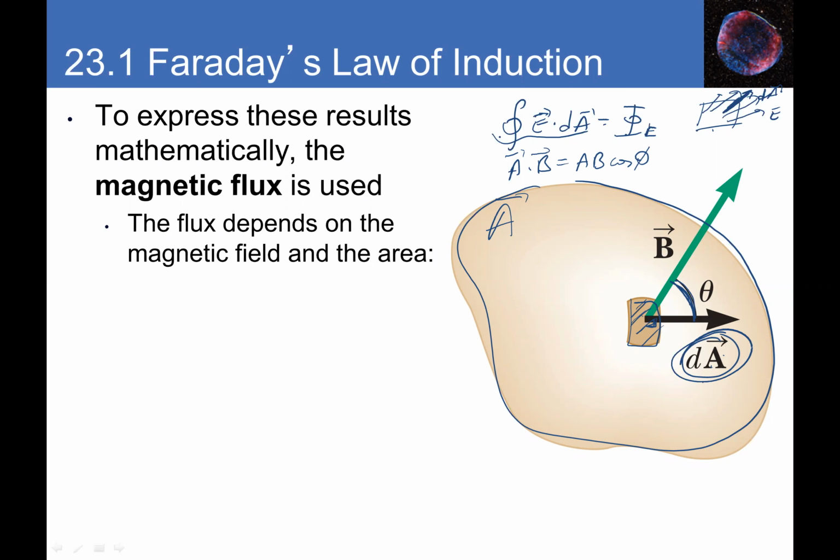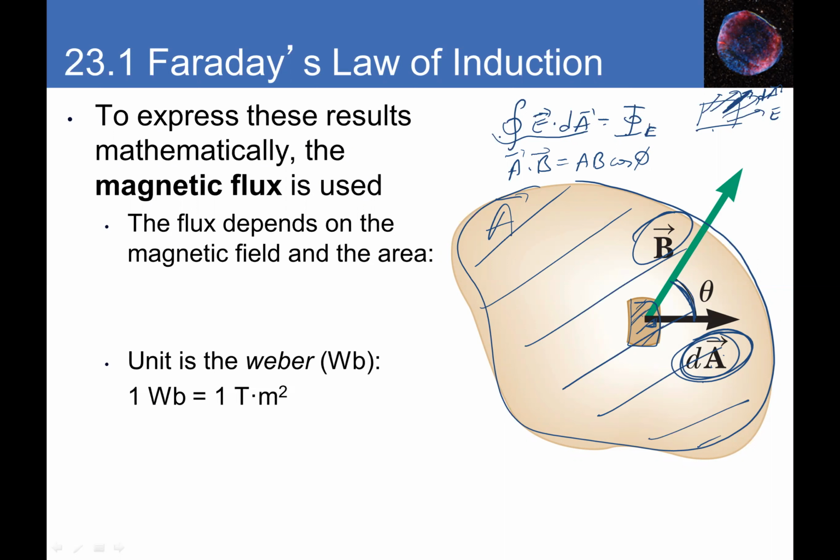But obviously, if you want to generalize for the entire thing, we're going to have to eventually integrate, okay? So magnetic flux, just like electric flux, is then the integral of B dot dA. Okay, so they have exactly the same format. One is for the electric field, one is for the magnetic field.